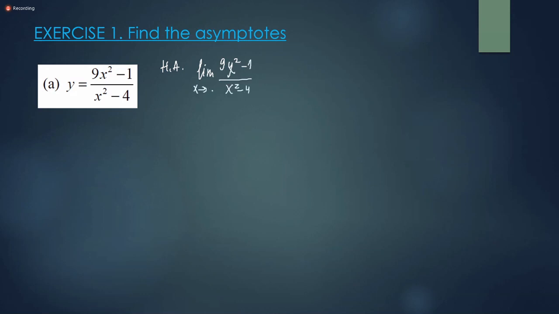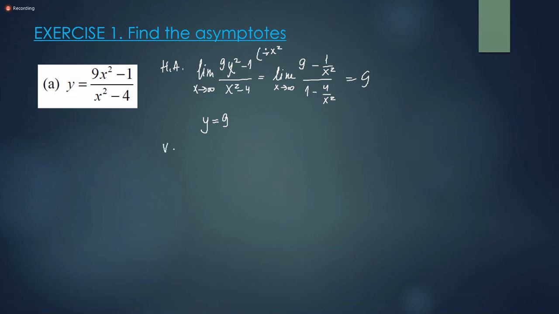When x tends to infinity, remember we factor out the square, or easily just divide the square out immediately without rewriting. So 9 minus 1 divided by the square, over 1 minus 4 divided by the square. So this limit is 9 when x tends to infinity. The horizontal asymptote is y equals 9. So it would be a horizontal line.